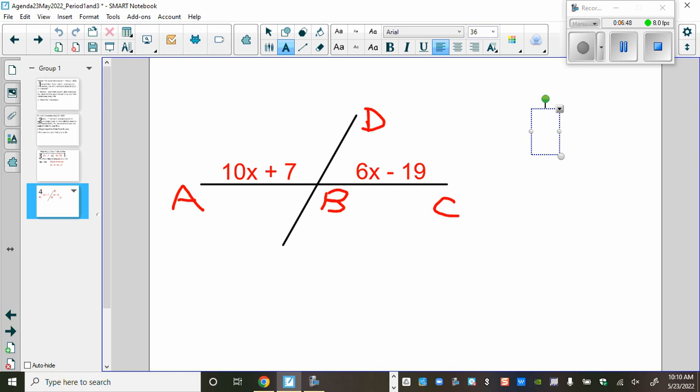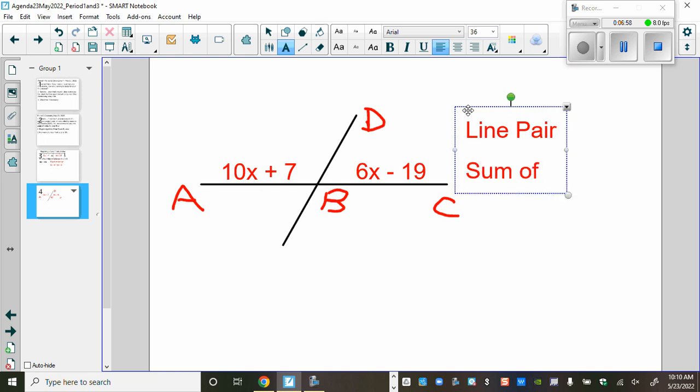They equal 180, the sum. Linear pair, sum of angles equals 180. Good.